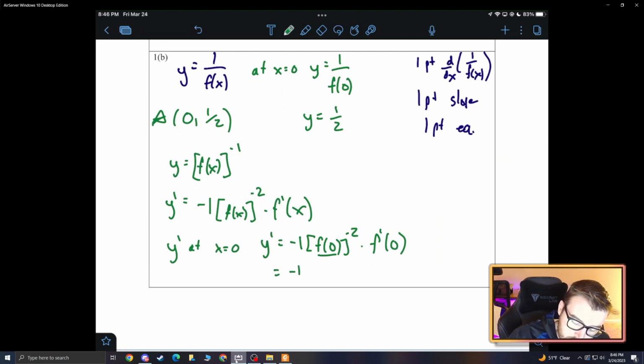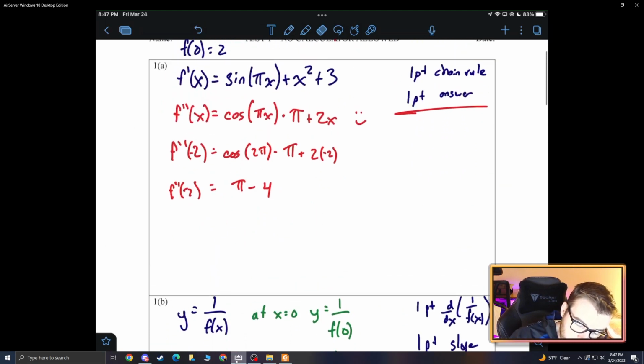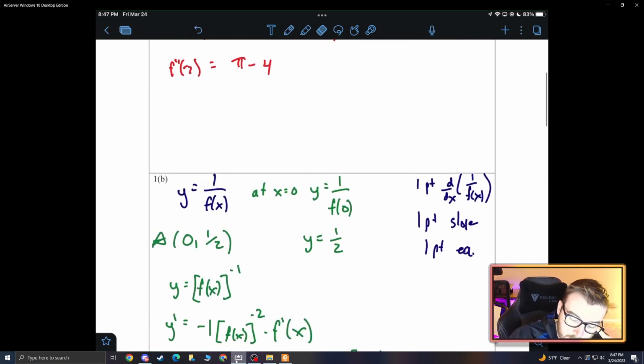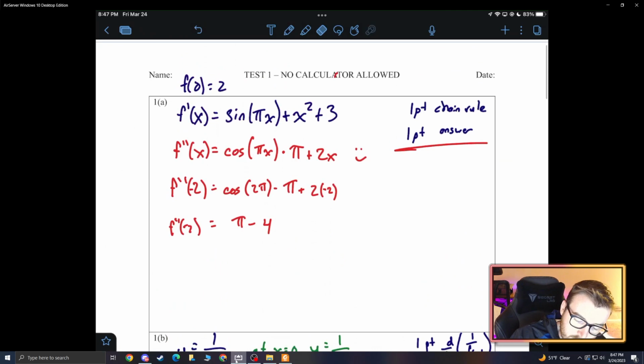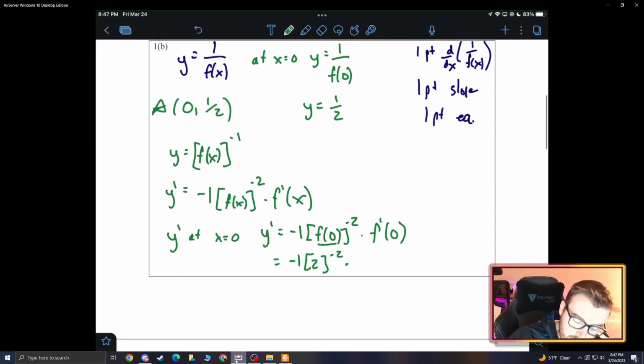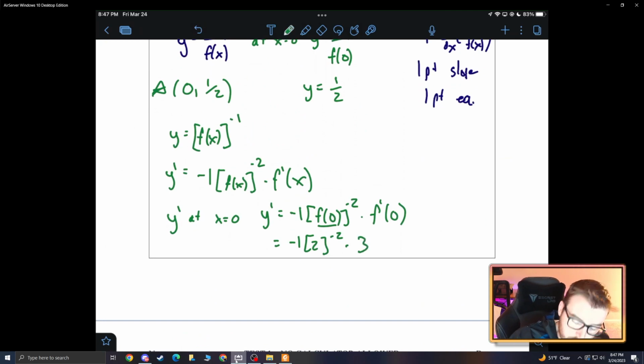F of 0 is 2. So this is 2 to the negative 2 times an f prime of 0. F prime of 0, we calculated. No, we didn't calculate, but we can plug it in. F prime of 0 is, when you plug that in, sine of 0 is 0. 0 squared is 0. Plus 3 is 3. So f prime of 0 is 3.